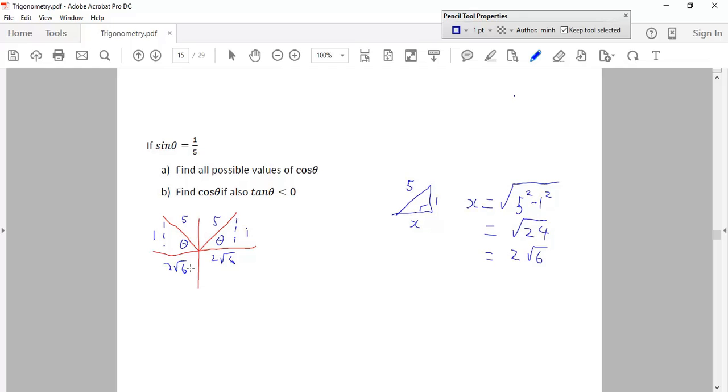So it says find all possible values of cos theta. Since we know it's in these two quadrants, so you know cos theta equals, so adjacent over hypotenuse, so 2 root 6 over 5. So that's the first quadrant.